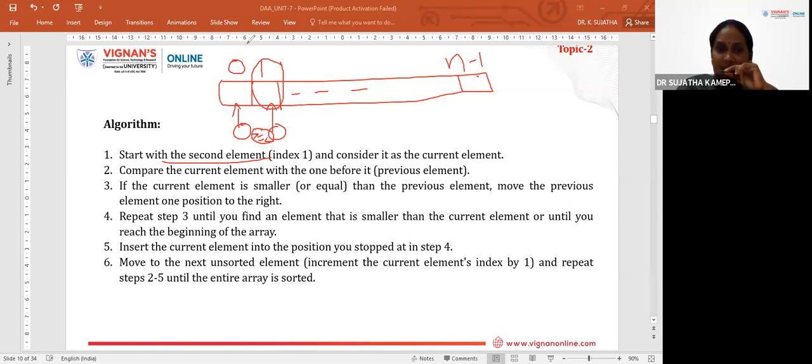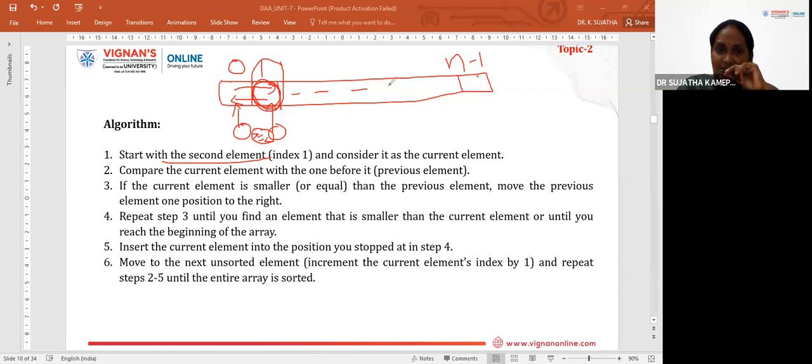That is, if this is smaller or equal, we need to move the element present here to here. This step is repeated until you find an element that is smaller than the current element, or until you reach the beginning of the array.